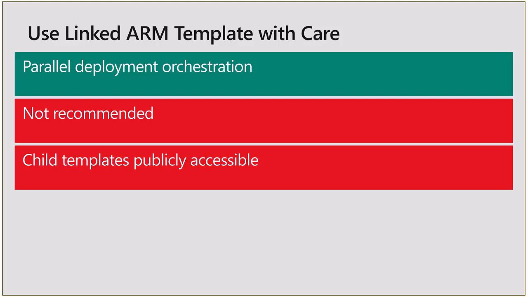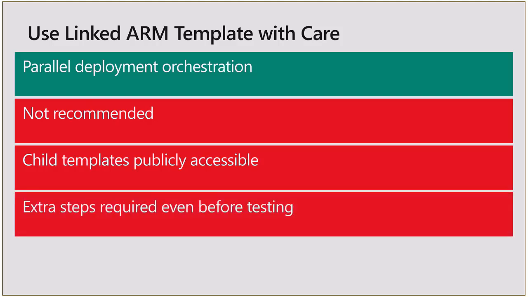This means we need to upload those child templates to run the linked template, even for testing. If we want to test a linked ARM template, those child templates have to be uploaded beforehand. That uploading is, to me, an extra step, which I don't see much value in.